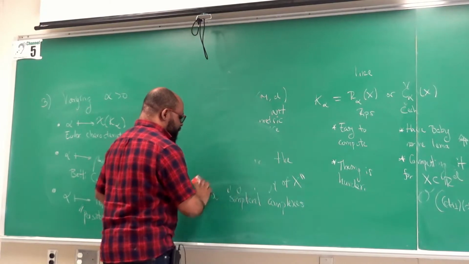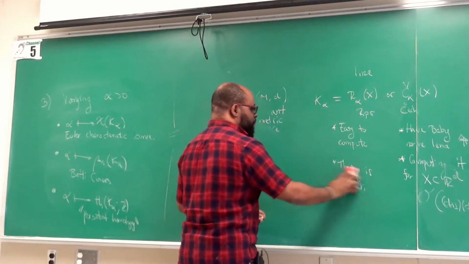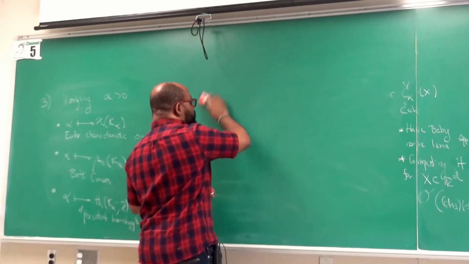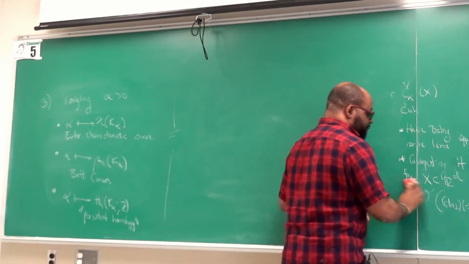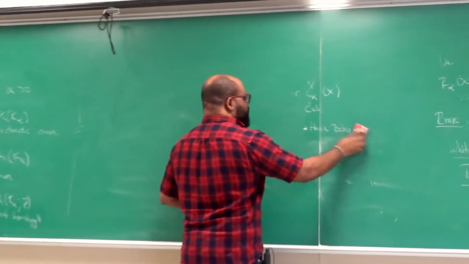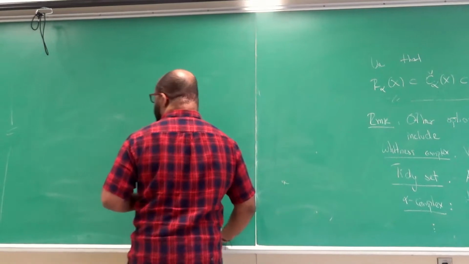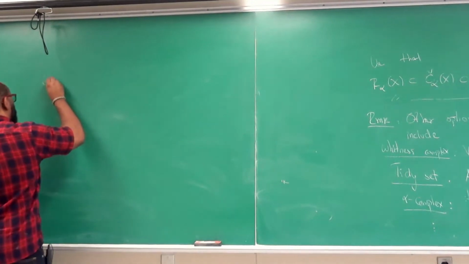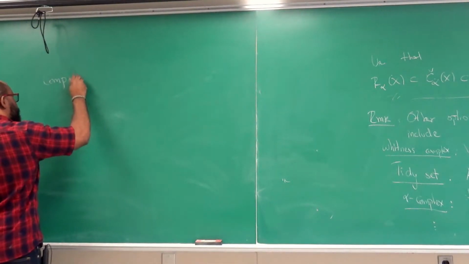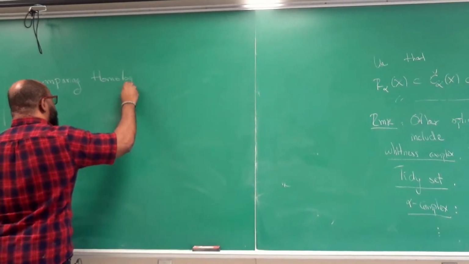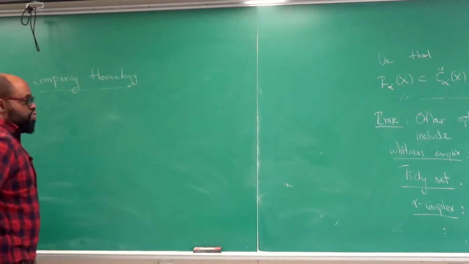So the first step is going to be this question of how do we compare the homology of different scales. So that's the first ingredient. So comparing homology. How do we do that?